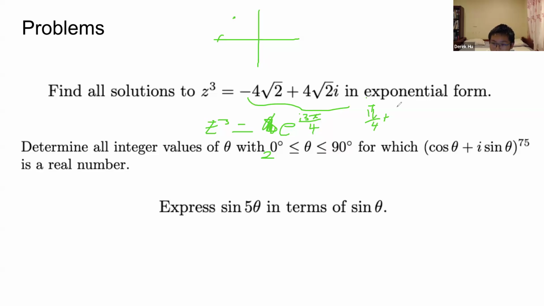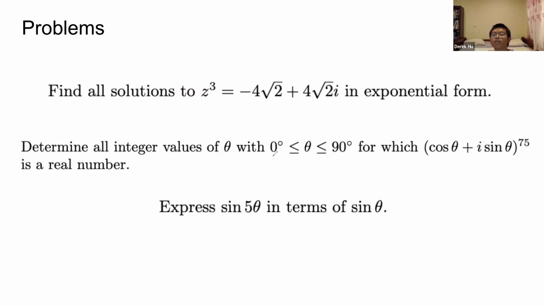So then we also have to add in this to account for the other solutions for k equals 0, 1, 2. So yeah, z will then be equal to 2 e to the i (pi over 4 plus 2 pi k over 3) for k equals 0, 1, 2.